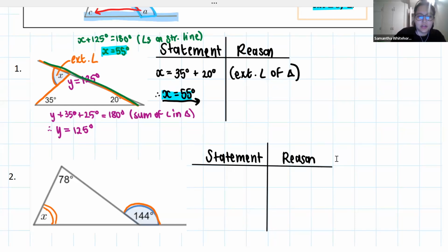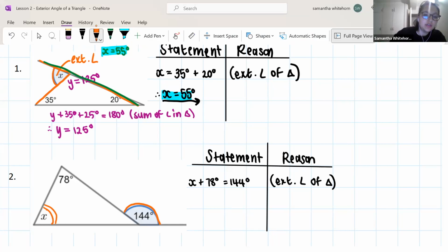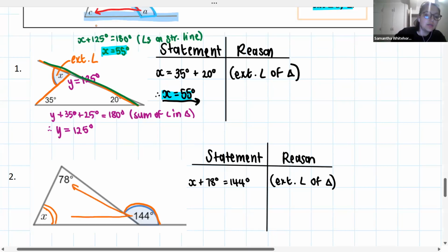Okay, guys, let's have a look. So we know that X plus 78 degrees must give us 144 degrees. I know this because it is an exterior angle of my triangle. So just remember, this 144 was found by adding together the two opposite interior angles, so X plus 78.